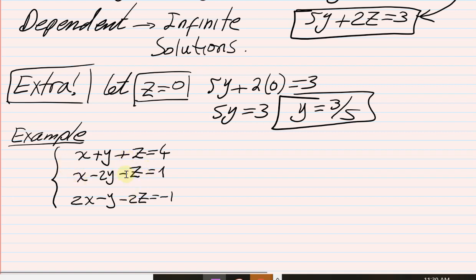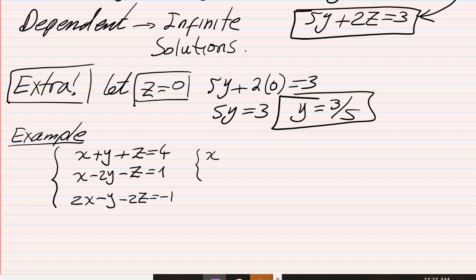And the same thing with y and z. So let's say I want to get rid of the z's. Look at these two, they're already opposites, easily eliminatable. So that's what I'm going to do. I'm going to eliminate z's because I see opposites in here. So I need to do my pairings first, right? Here's my first pair.